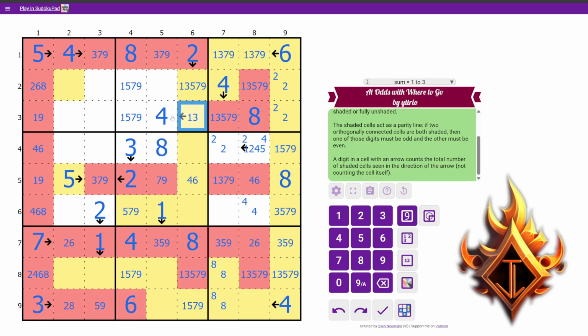If it is 1, these are all yellow. That would be red, needing an even. It would be 6. That would be yellow, so it wouldn't matter. And this would be red, needing a 6 as well. No, it could be an 8.